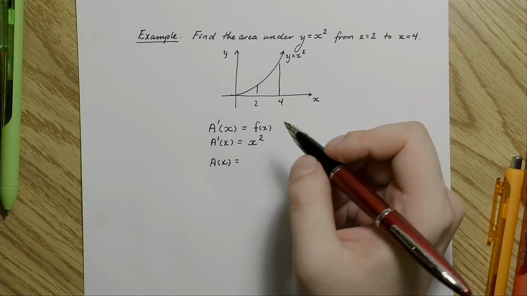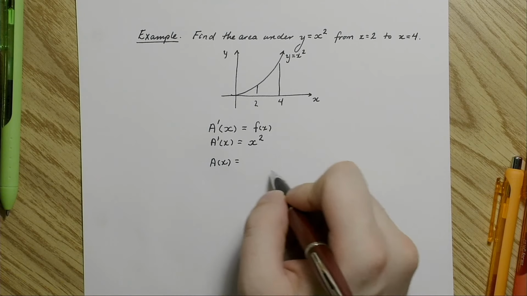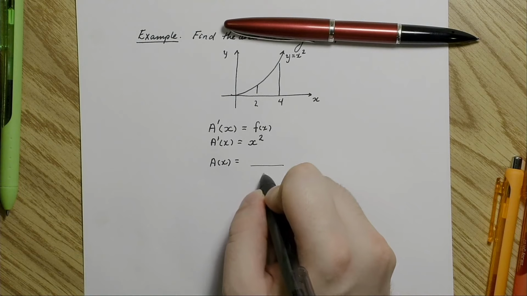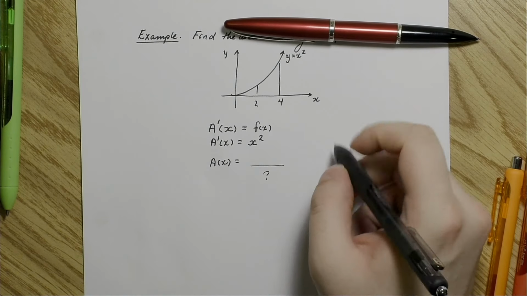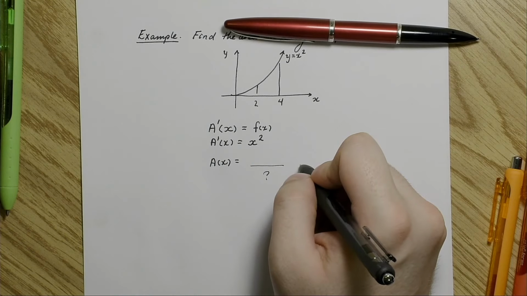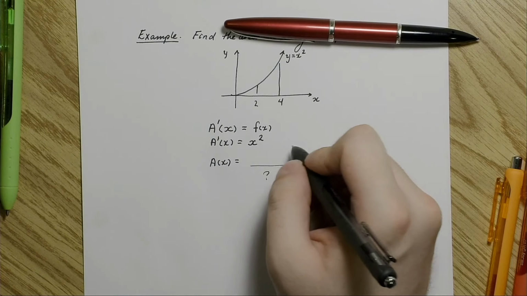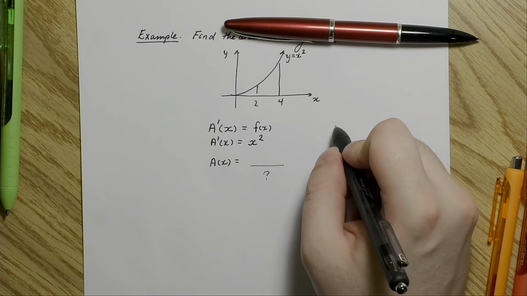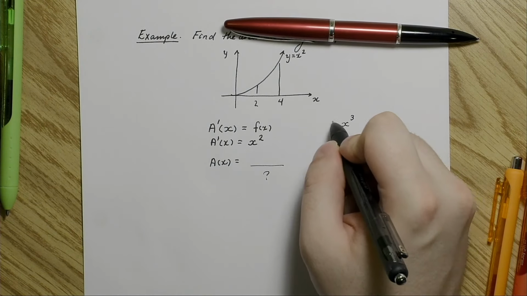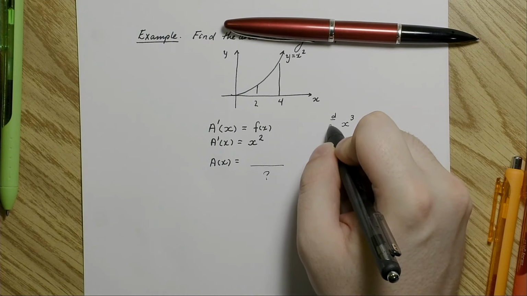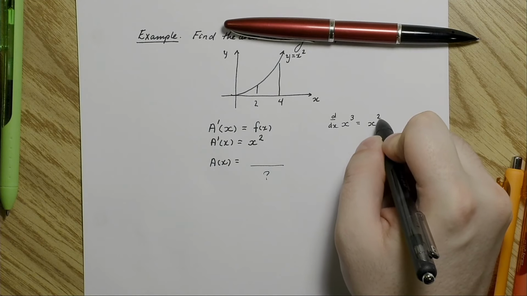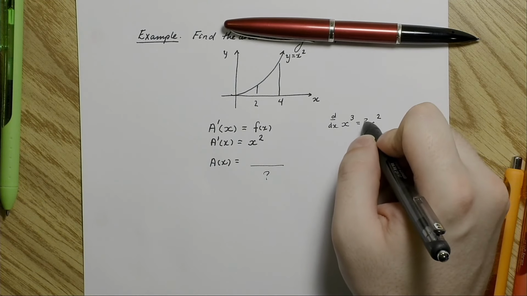We don't know what that is, but it's got to be something where, if we took the derivative of it, the degree goes down by 1. Because if we did something like x cubed and took the derivative of that, that equals x squared, but also the 3 comes down in front.